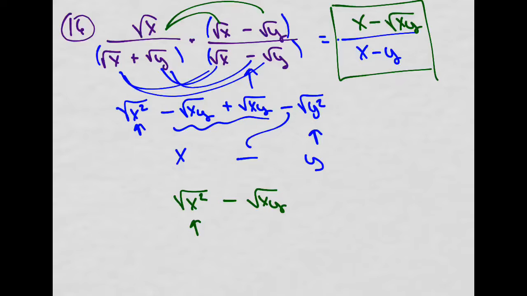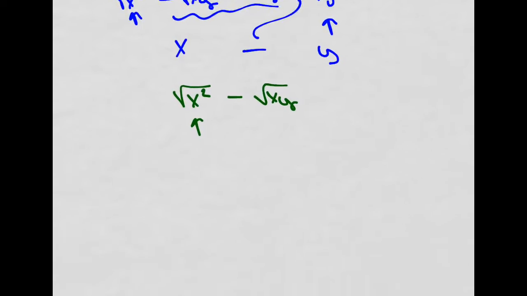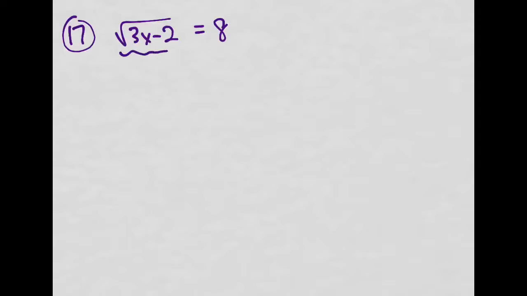17 is when we start solving equations. Step 1. The radical has to be isolated. That radical has to be all by itself. It is, so I need to do whatever it takes to get rid of that radical. And in this case, because we're taking a square root, we're going to square the whole thing.